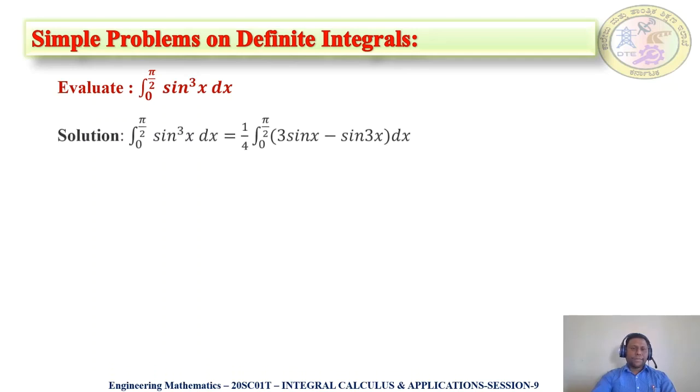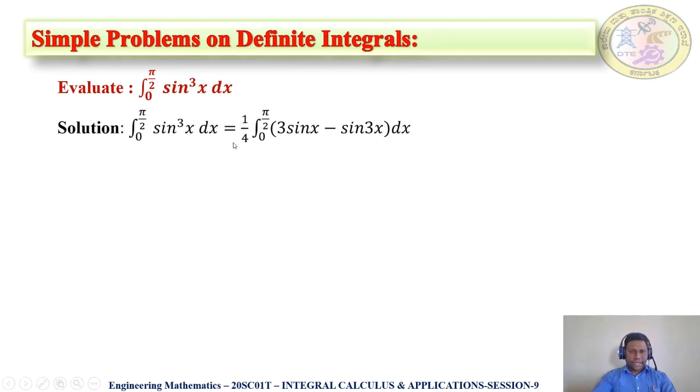Again, there is no direct formula for sin cube x dx, but in the multiple angles we have studied the sin 3x formula. By using it, we can write sin cube x is equal to 1 by 4 (3 sin x minus sin 3x).